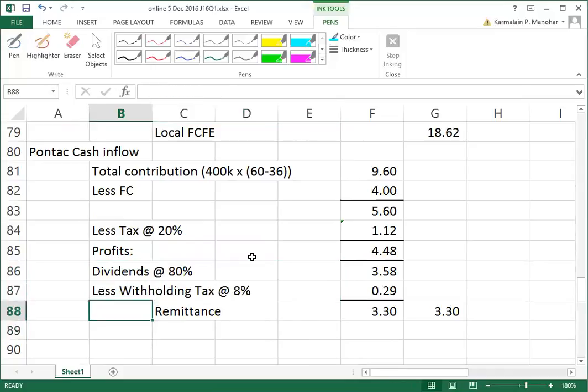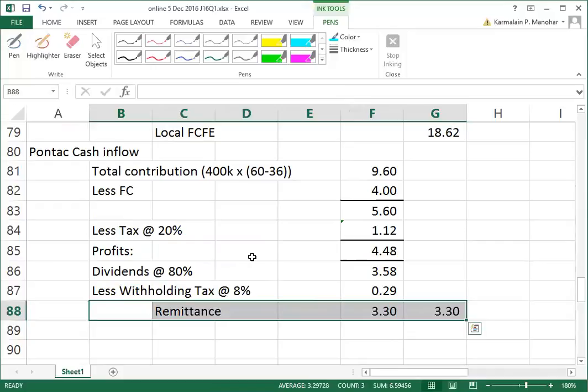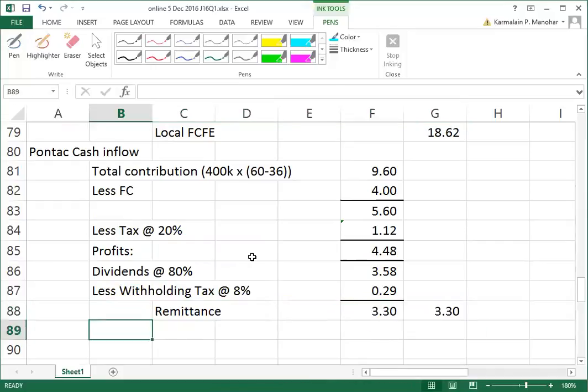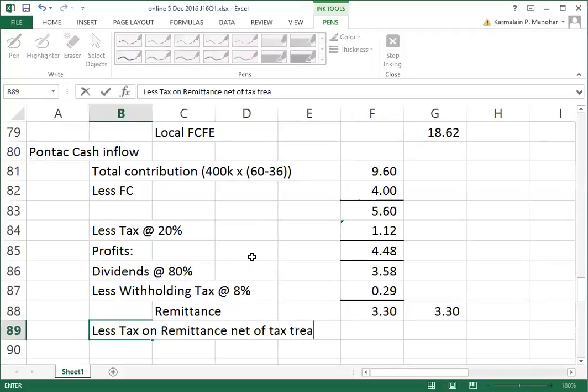Good. So the idea is that this is new cash flow coming into the head office, and head office tax would now apply to that. So the remittance less tax on remittance net of tax treaty.